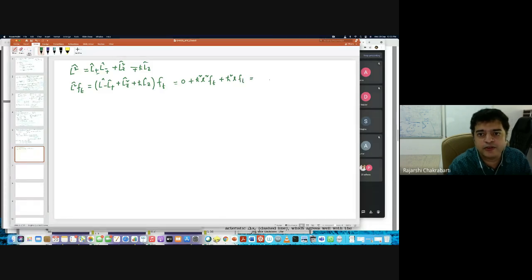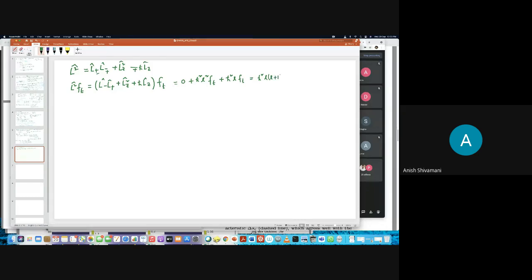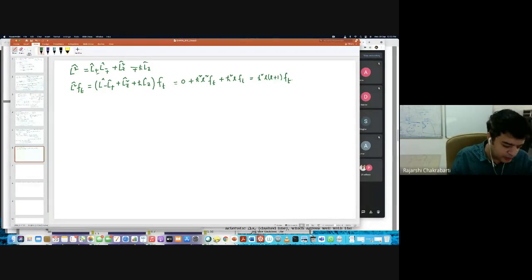So this will give you something familiar, l into (l plus 1). The structure looks familiar. So basically your lambda, because I had told you that L square operating on Ft gives you lambda into Ft, so the eigenvalue is ħ square l into (l plus 1). Is this clear?